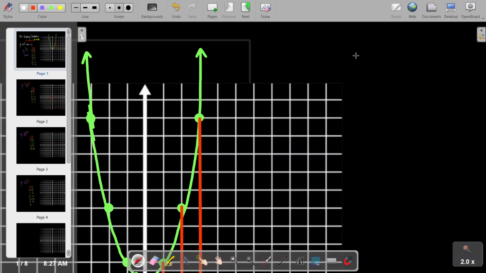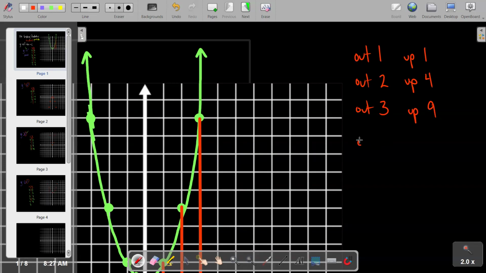When I go out 1, my vertical change is 1. When I go out, notice I'm not saying right or left because these are symmetric. Out means right or left, right? We go both ways. When I go out 2, how far up do I go? 4. When I go out 3, how far up do I go?